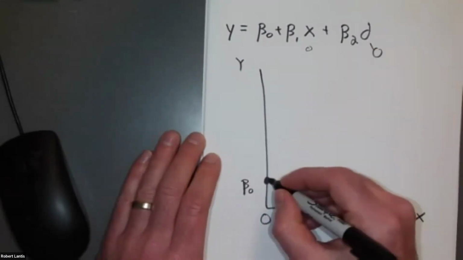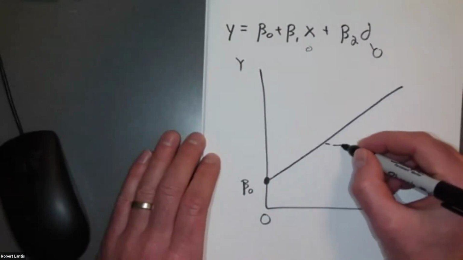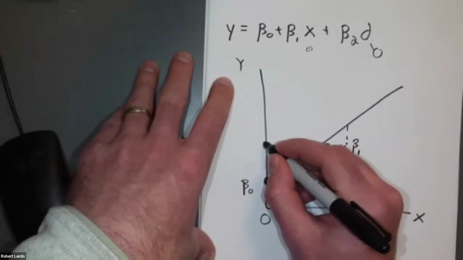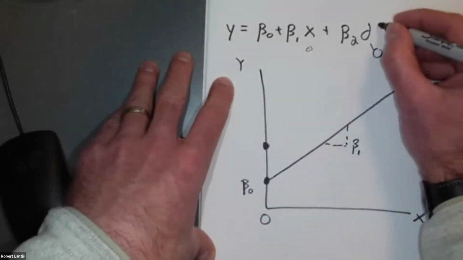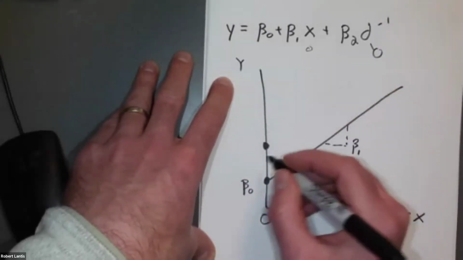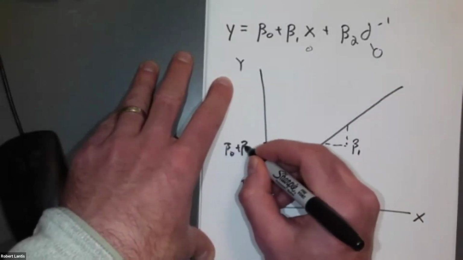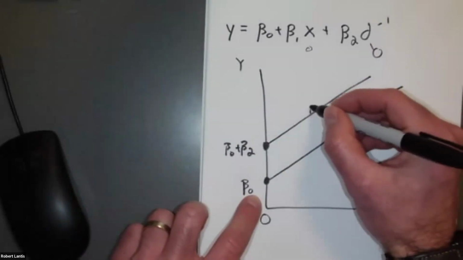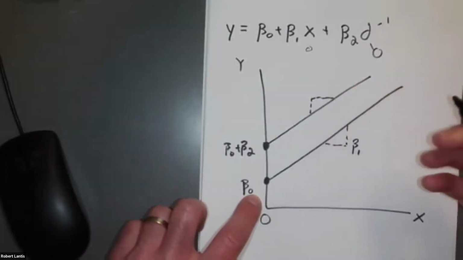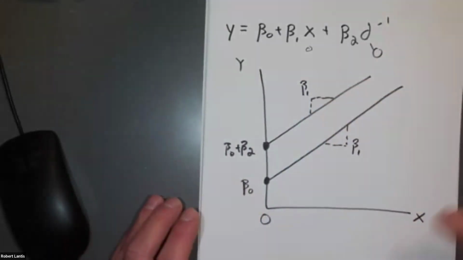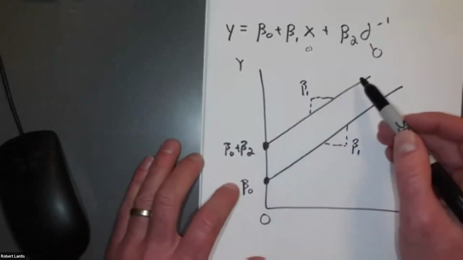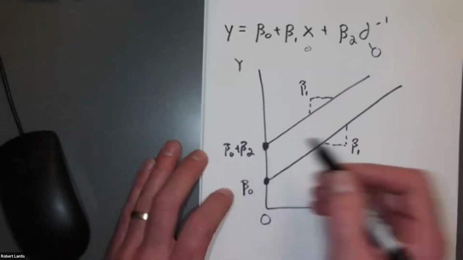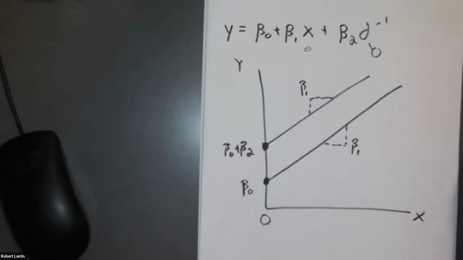And then whatever beta 1 is would represent the relationship between X and Y. Now, we also had that second group where the dummy is a 1, but X is still 0. That dummy variable is capturing the fact that even if the relationship is the same, and we talked about how we can do interaction terms if it's not, but here we're assuming it is, one of the groups is going to start out at a higher amount.